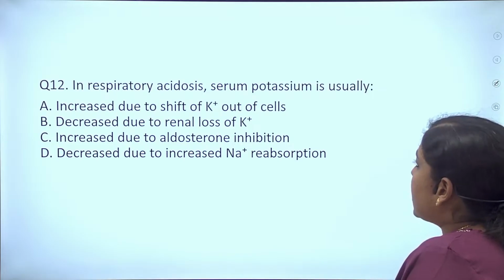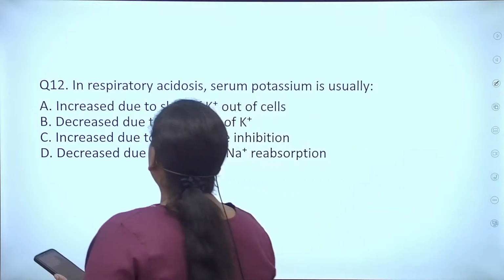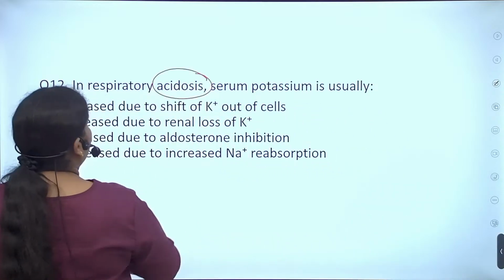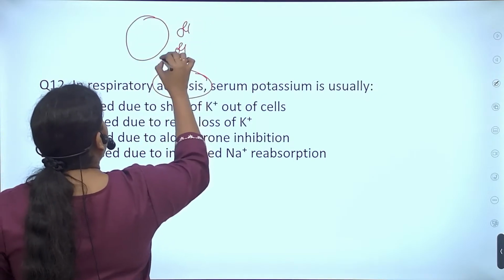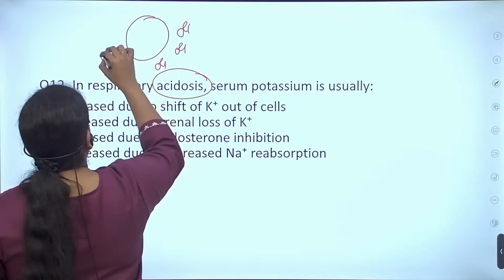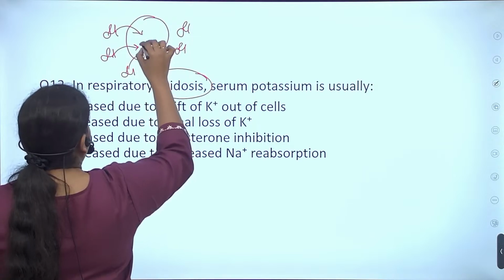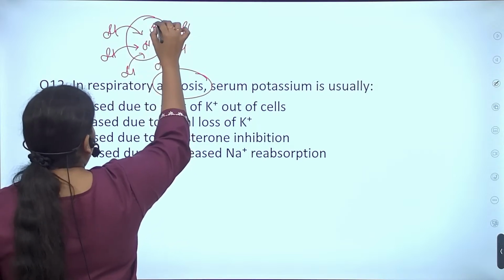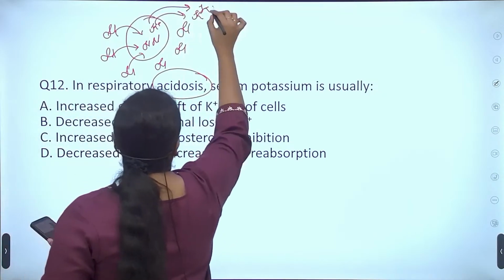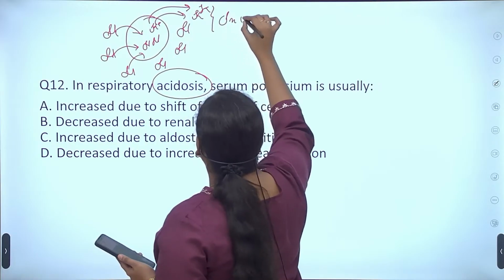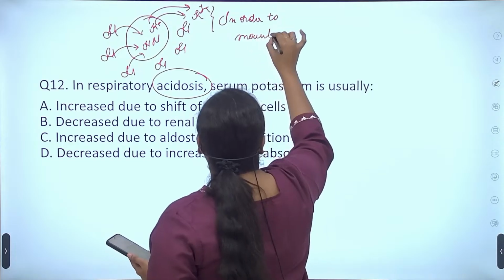So in respiratory acidosis, serum potassium is usually, as I told you, in case of acidosis, what will happen to the potassium? Outside the cell there will be more and more hydrogen ions, and they try to shift inside the cell, and the cell has potassium ions which will try to come outside in order to maintain the neutrality.